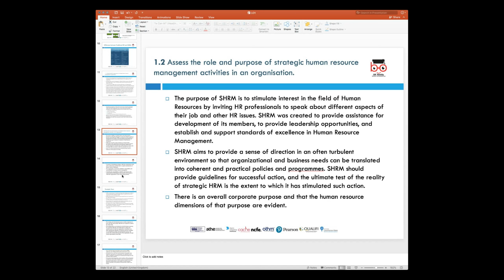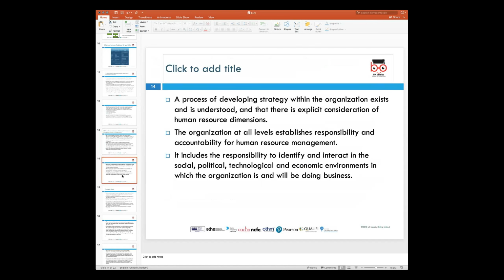So the overall purpose is basically looking at the corporate objectives and marrying that with the resources dimension from a strategic point of view to drive some of these activities further.